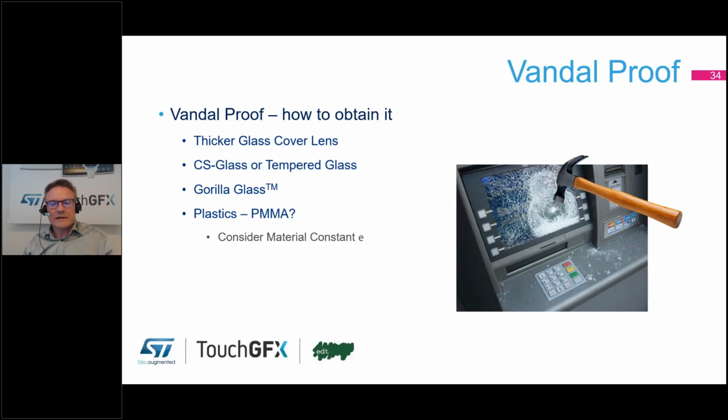Glass is quite flat, and therefore we have a lot of restraints concerning plastic as a cover lens material. Furthermore, the material constant epsilon, the electrical permittivity of the material, is double as high in a plastic cover lens than in glass. So you can only have half the thickness of a PMMA cover lens in comparison to glass.